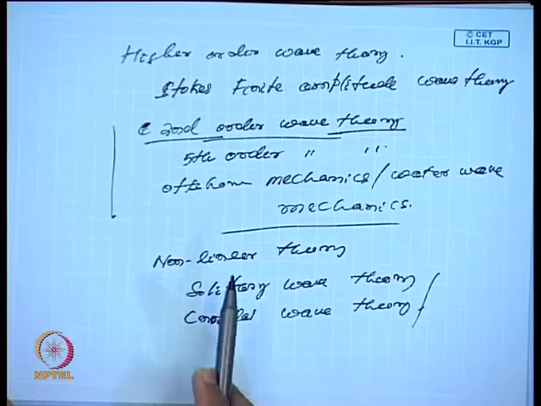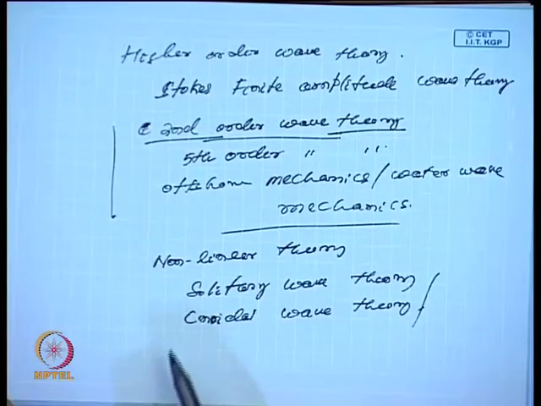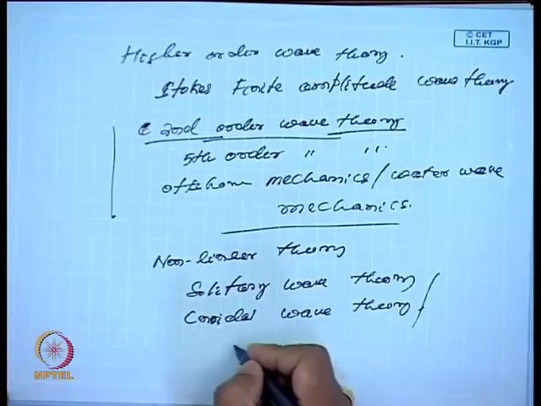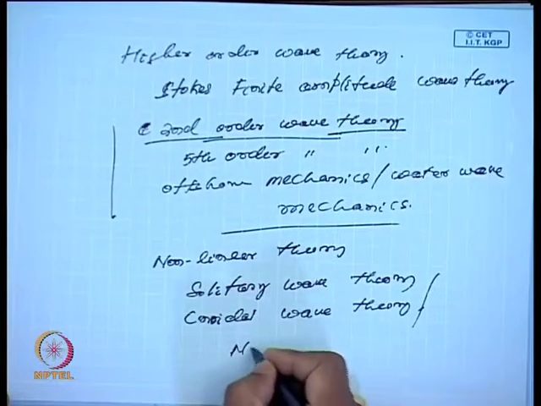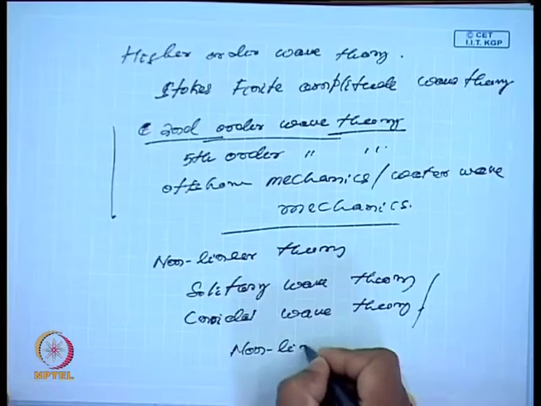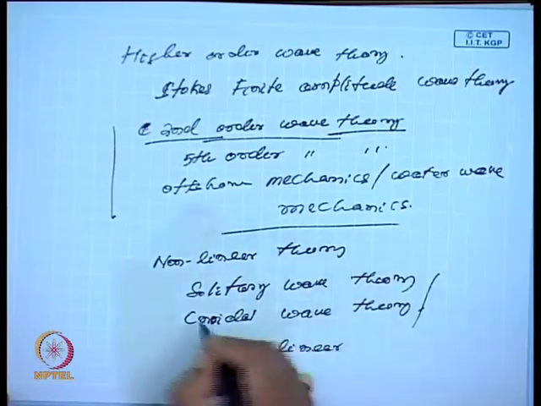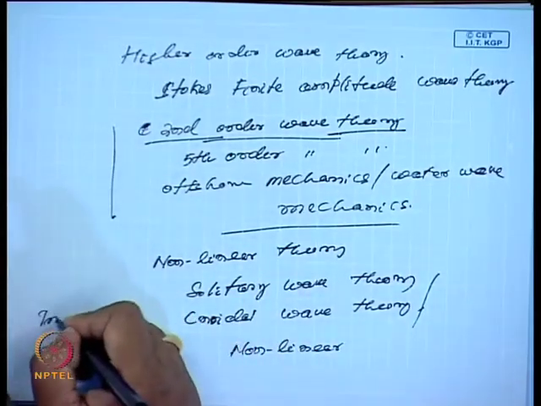In Stokes finite amplitude wave theory we go order by order, and the solitary wave theory and cnoidal wave theory are all basically nonlinear waves. There is also another wave which is called the trochoidal wave.